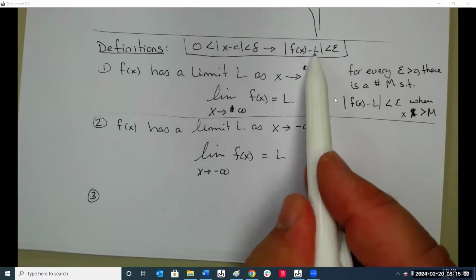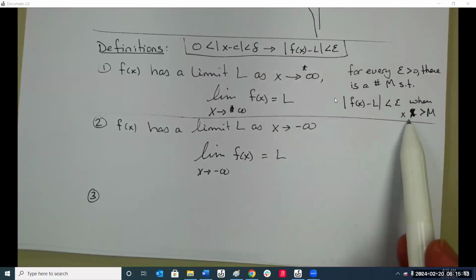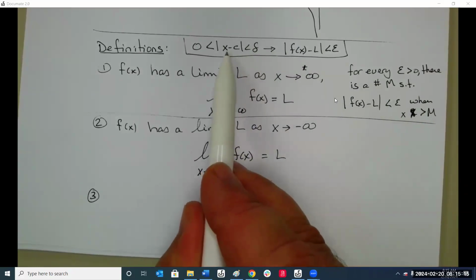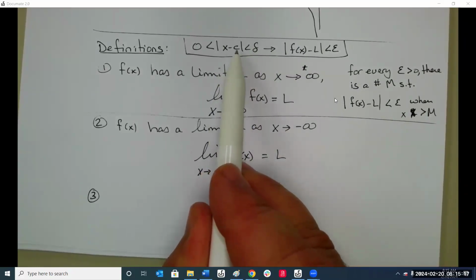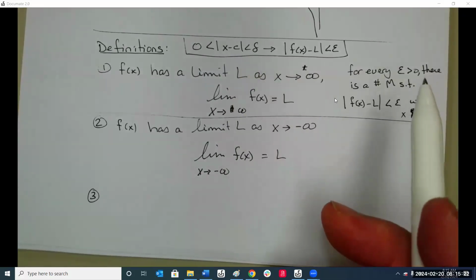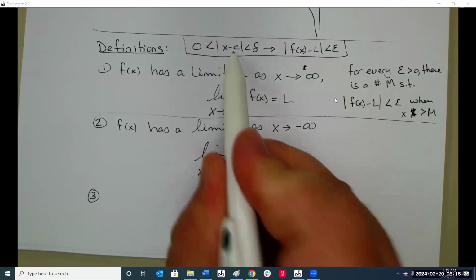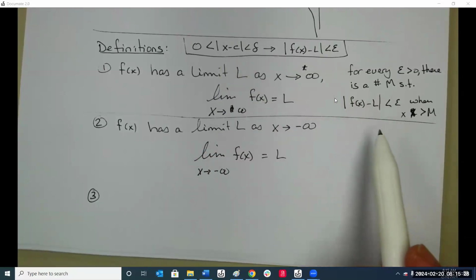So f of x minus L is less than epsilon for any x. What happens here is x approaches c, or c approaches x, however you want to put it, meaning the distance becomes 0. So as the distance becomes 0, x becomes very small.